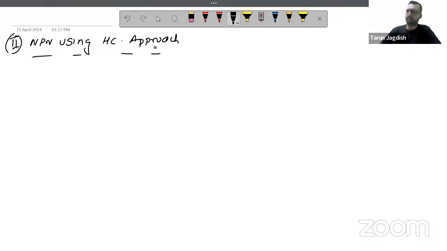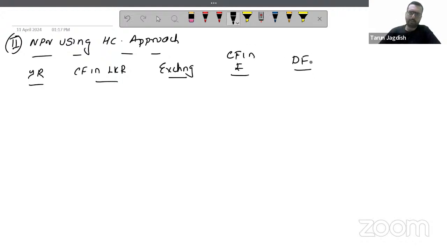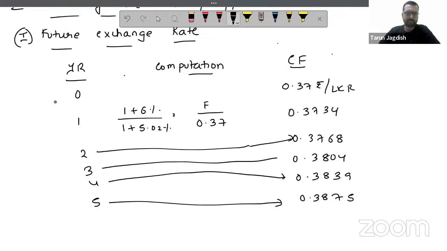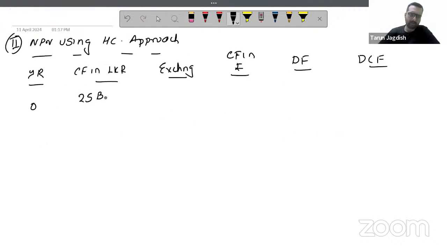Here I'll draw a table: cash flow in LKR, exchange rate, cash flow in rupee, discount factor in rupee, and discounted cash flow. So year 0, how much is my investment in LKR? 25 billion. What is the exchange rate on that date? 0.37, correct? So I should multiply, so I will get the answer as 9.25 billion.